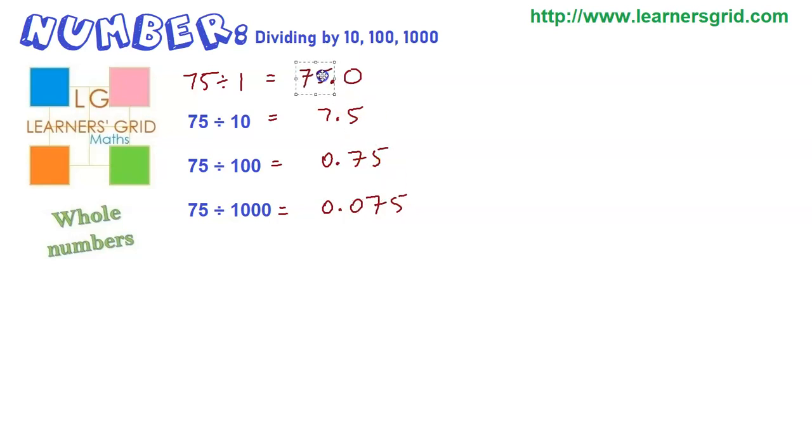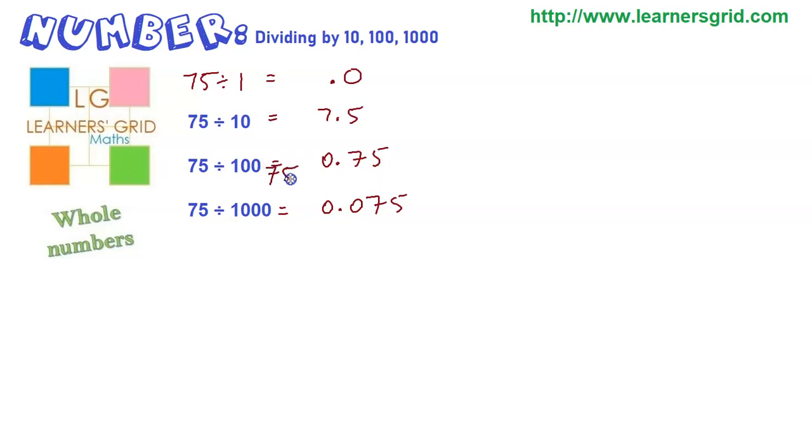So you might notice then that when I divide by 1, there's no zeros, so nothing happened to it. It stayed exactly where it is. When I divided by 10, it moved 1 space, and there's 1 zero. When I divided by 100, there's 2 zeros, and I had to move it to the right 2 spaces.